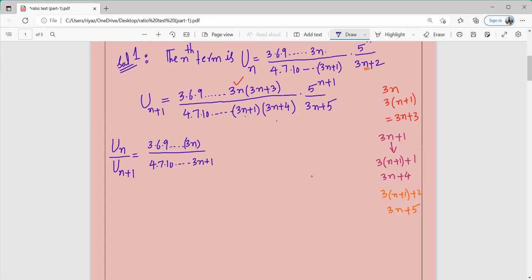This is un value, and the un+1 value, since it is a fraction by fraction, we are going to write the second fraction in the numerator. It is like that. This is 3n+1. This is 3n+1 into 3n+2. अच्छा, सॉरी, यहाँ पे अपन एक टर्म लिखना भूल गए, इसके साथ में 5 वाला भी टर्म है। I forgot that. Let me write.